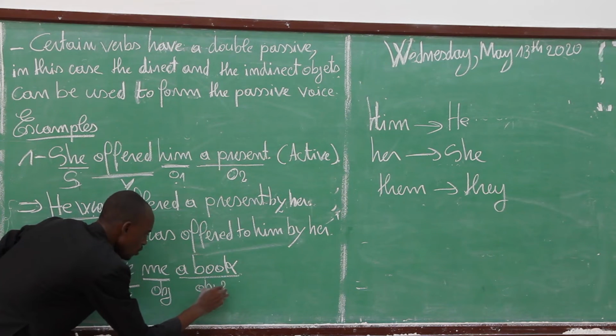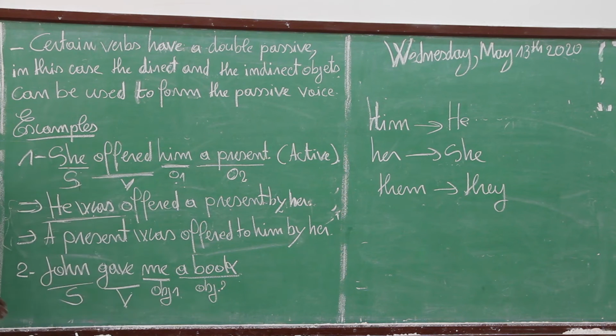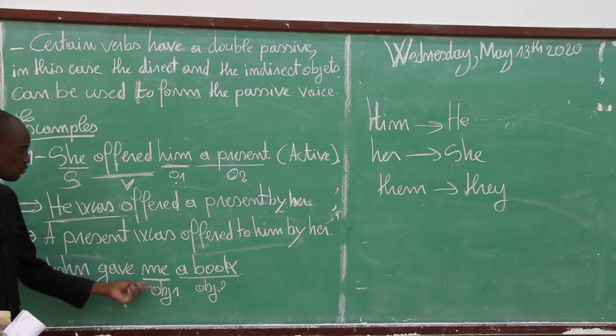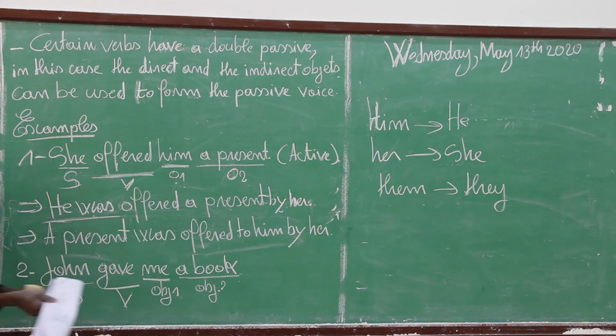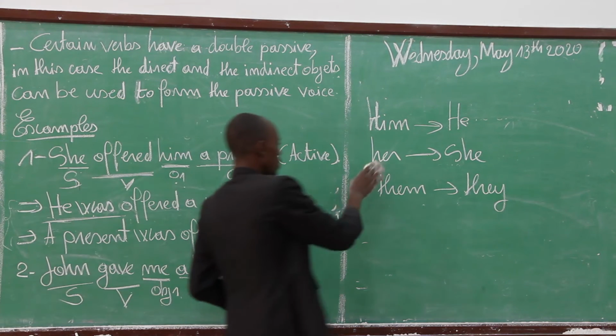Donc ici nous avons aussi le complément d'attribution et le complément d'objet. And we are going to use this object in a passive voice.